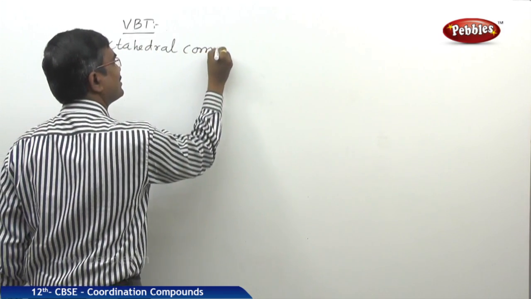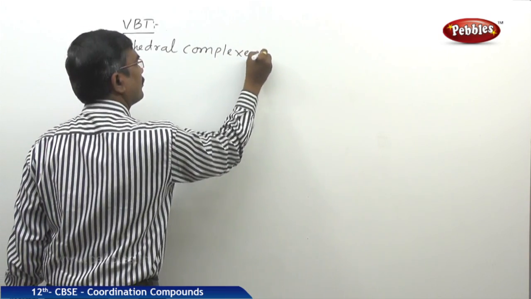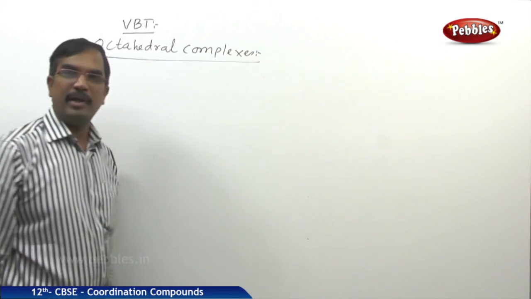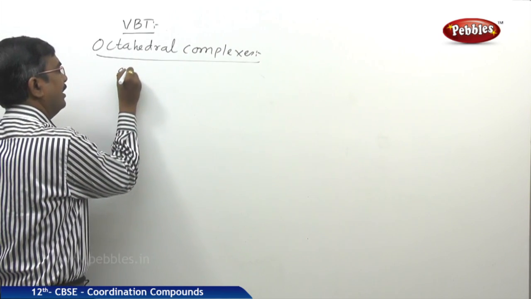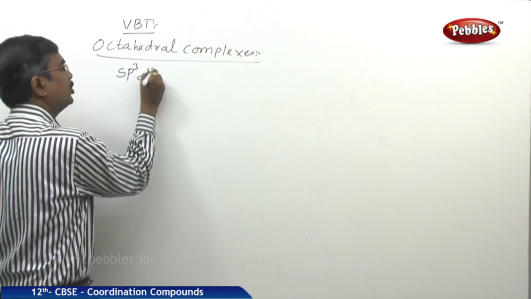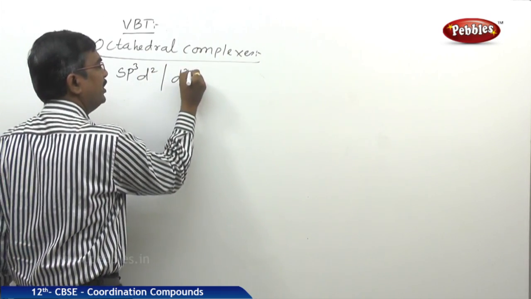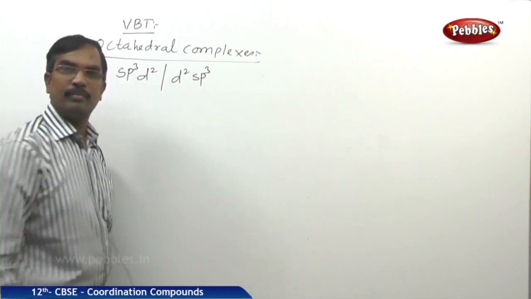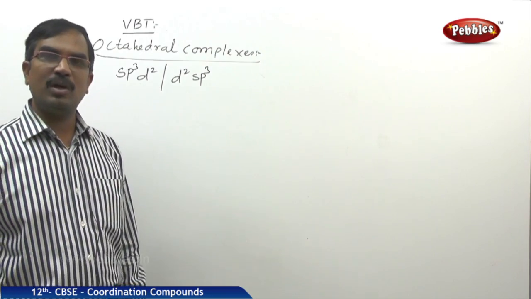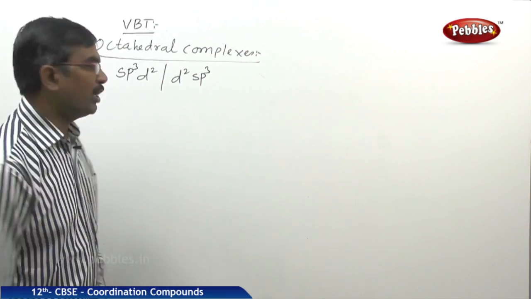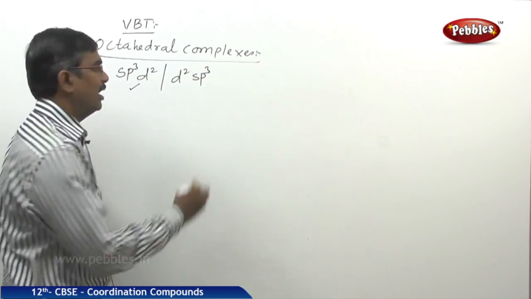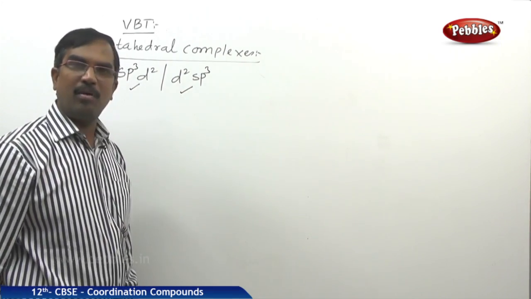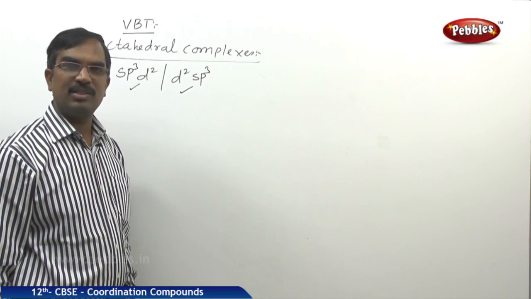The hybridization of the central atom or ion will be either sp3d2 or d2sp3. Generally, sp3d2 is the outer orbital complex and d2sp3 is the inner orbital complex.